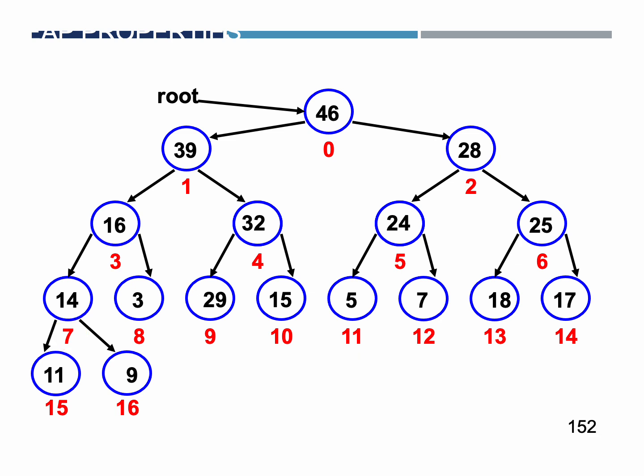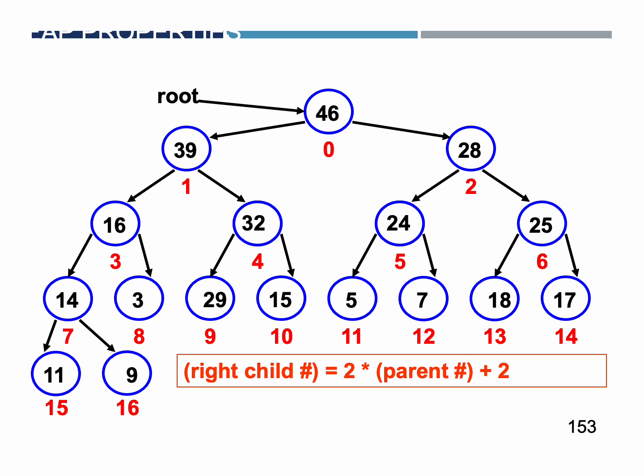Similarly, you can also do this for the right child. Here, 2 into parent plus 2, if you do that equation, you will get the index for the right child. If you look at this one, 2 is the index of 28, and if you multiply 2 into 2, which is 4, and then add 2, 6 is the index of your right child.